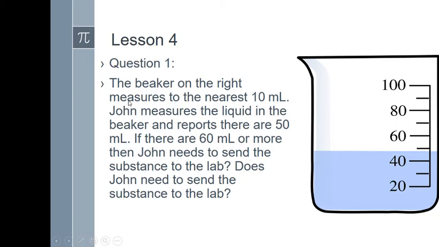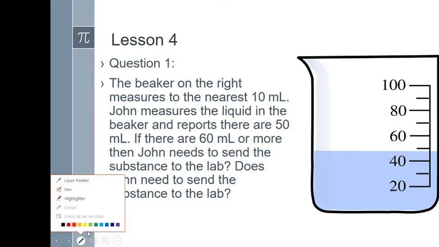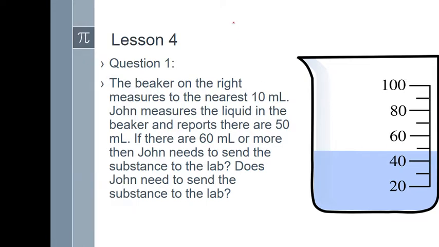So if I tell you that this beaker measures to the nearest 10 milliliters, then we say it's precise to 10 milliliters. That means that the error involved in any measurement would be plus or minus 5 milliliters. So if I take the precision and divide it by 2, we get the level of error, the error possible in the measurement.